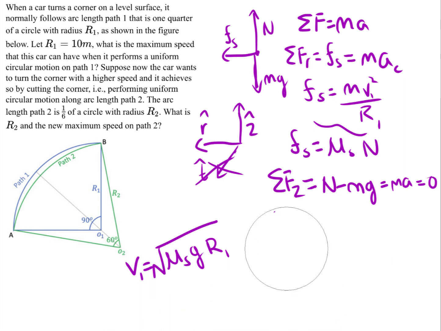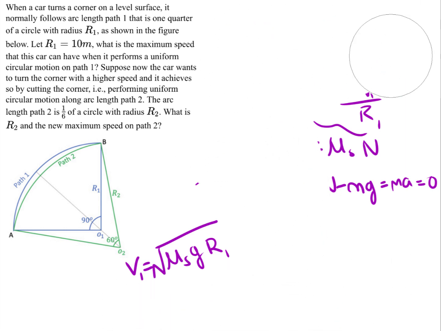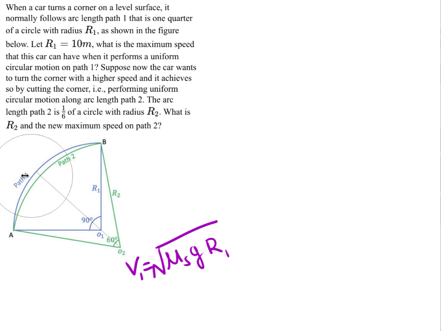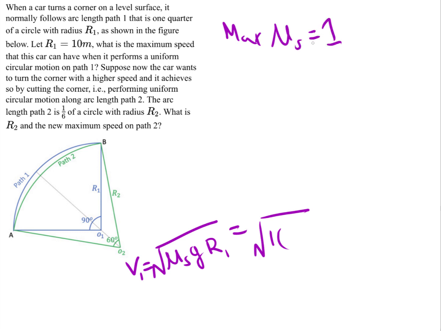So I'm going to erase everything here to make more room. This becomes the square root of the static friction coefficient. And this is going to be 1, since the maximum static friction coefficient is equal to 1. It's just simply not possible to get a value higher than this. And g is equal to 9.8 meters per second squared.